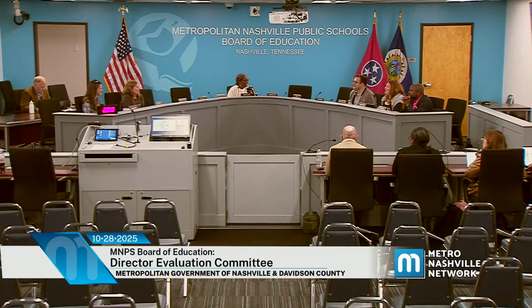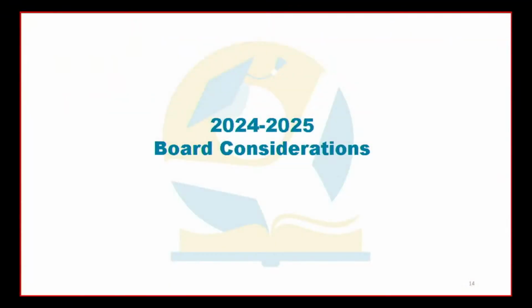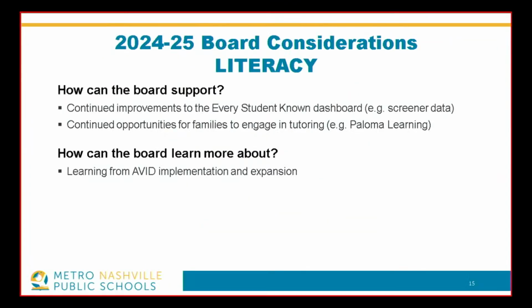So now we're going to get into a couple of things that we have highlighted as things we want to make sure that we're continuing to support, that we are continuing to hear about over the course of the next year. So first, on literacy, we know that there was a new requirement in state law around including screener data, so making sure that we see that happen.